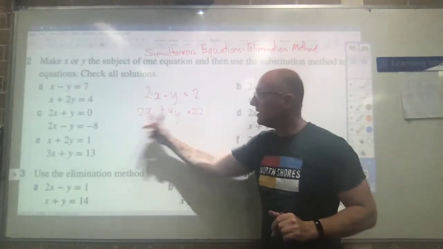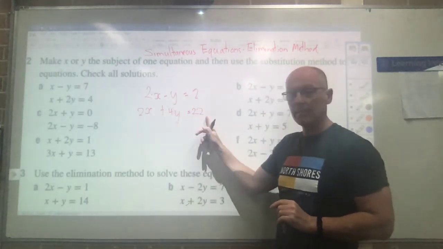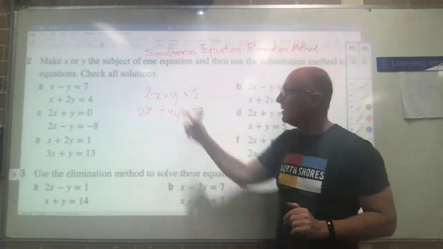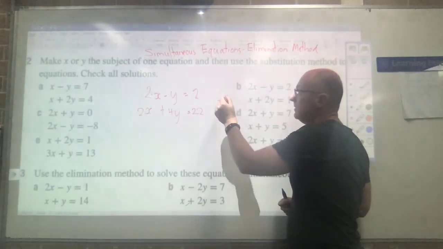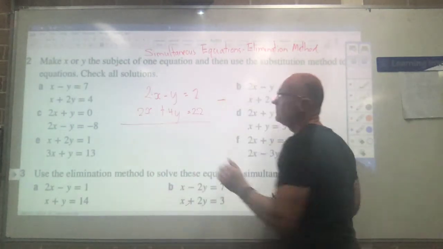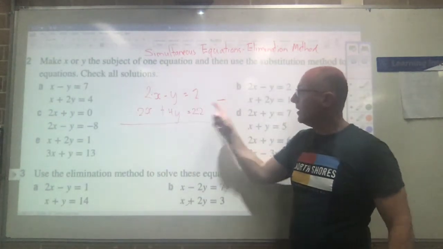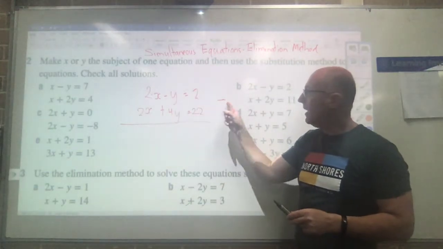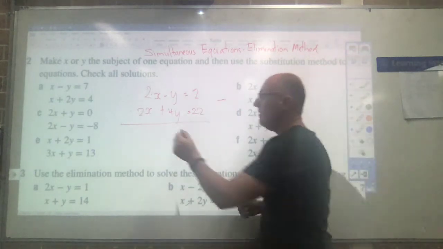I haven't changed the equation because I doubled everything. You can now see that the two x's match up. I'm going to go through a minus sign and underline. 2x minus 2x is gone, it's eliminated. Minus y minus 4y is minus 5y.